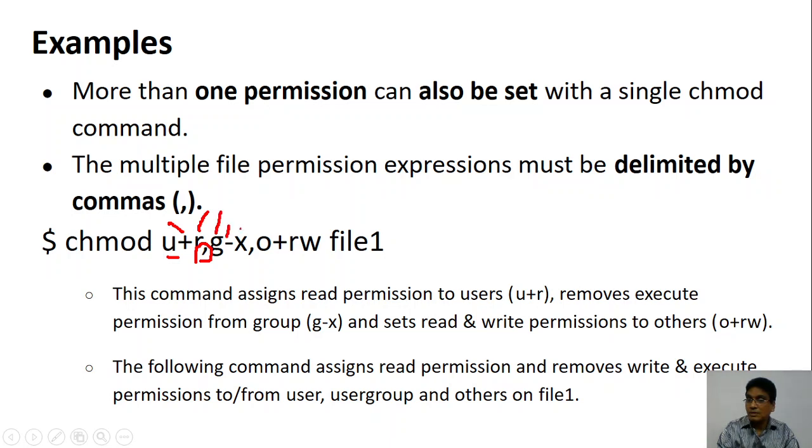Group, you are removing the execute permission, again the comma, then others, you are adding the read write permission. So you can have multiple options separated by a comma, and you can set all of them in one shot.